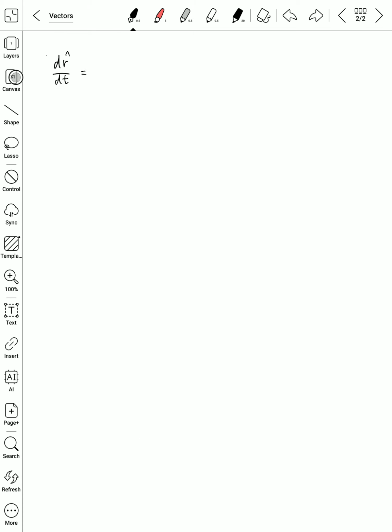So dr hat dt equals, well, the magnitude of dr hat dt was d theta dt. The direction was theta hat. Yes, dr hat dt equals this.